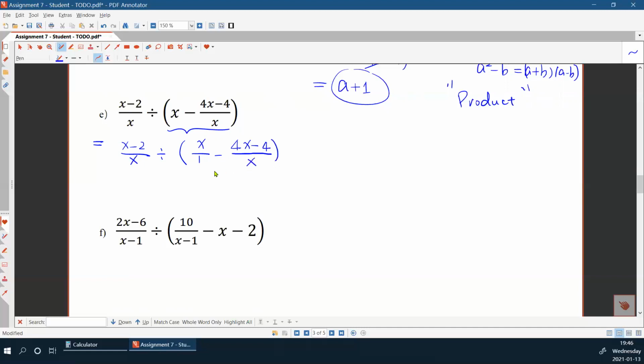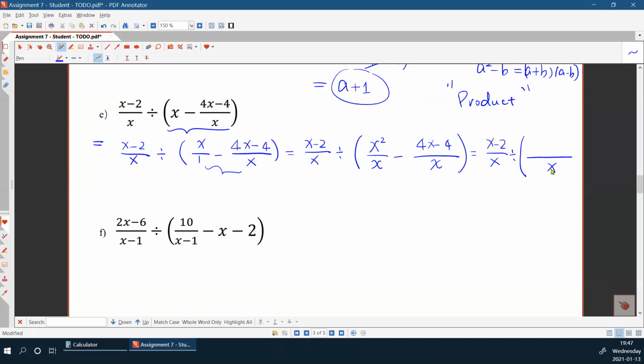So the least common denominator is x. So here we have, okay, copy the first part, divided by, okay, rewrite the first term using x as denominator, and the numerator becomes x squared, right? Okay, one step at a time, divided by, now we can combine these two terms, right?